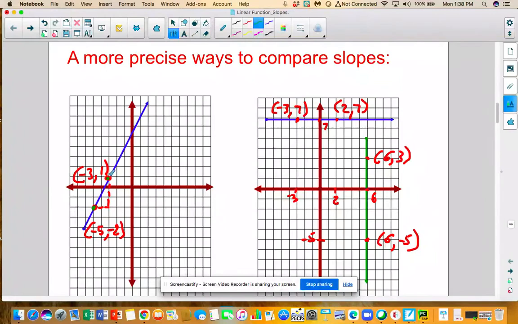While you are moving from here to here, there's a vertical change. In this case, that vertical change is going to be 1, 2, 3 units. So the vertical change is 3 units.